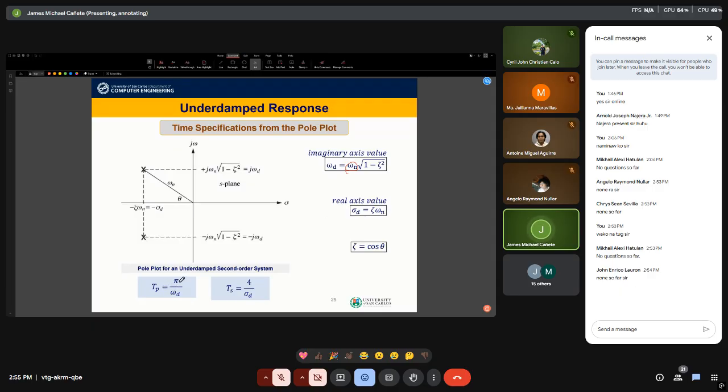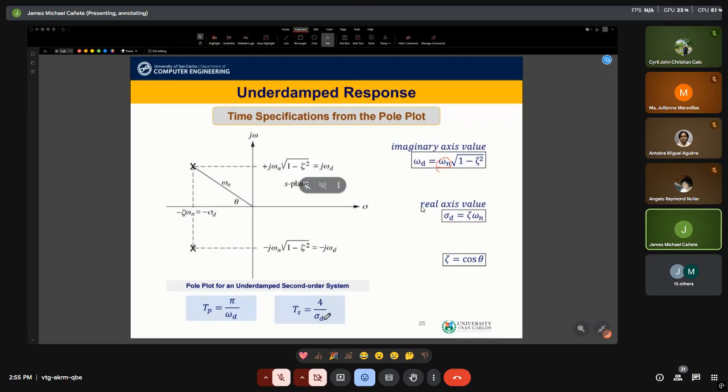So Tp is now simply pi divided by omega sub d. Ts is equal to 4 over sigma sub d. So these were the values of our poles. We can see the location of these poles on the XY axis, with imaginary and real components.